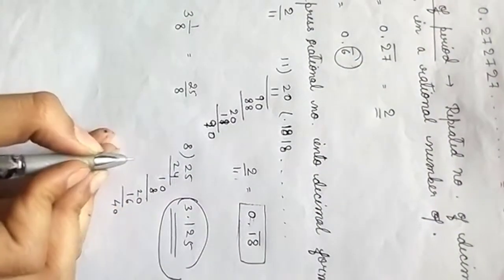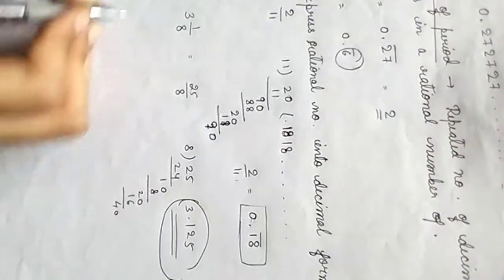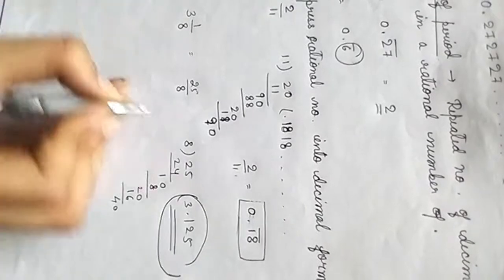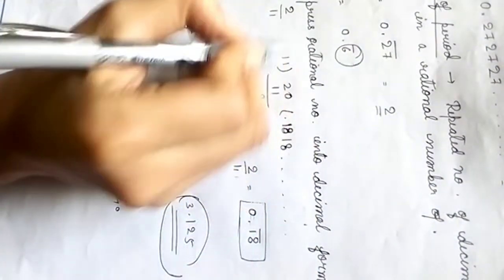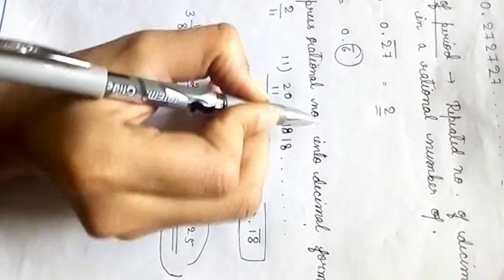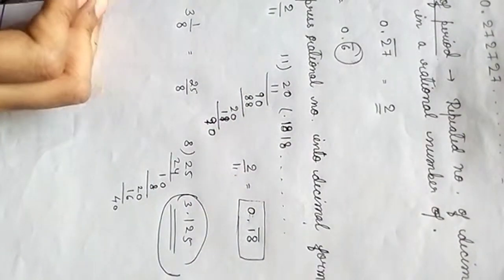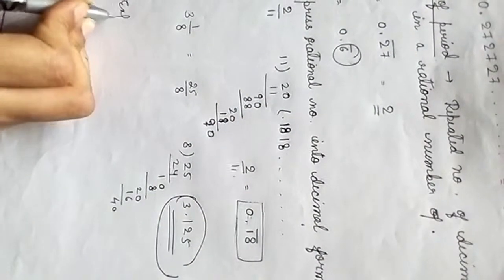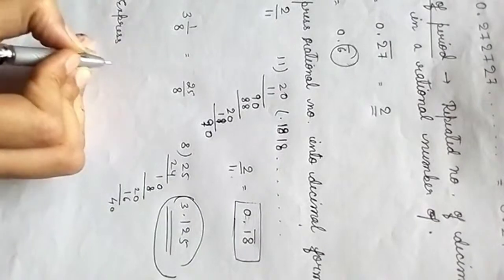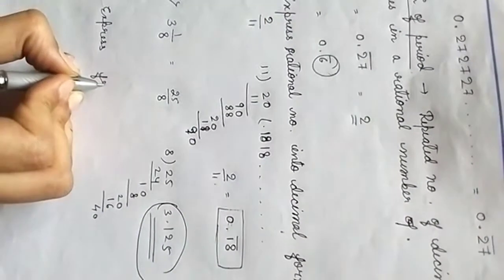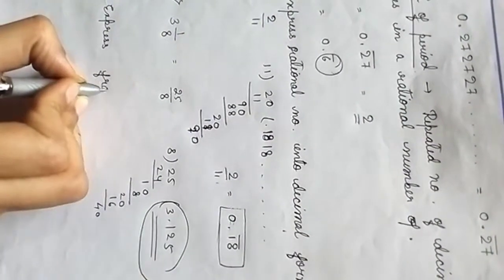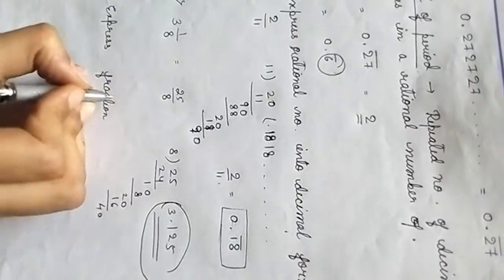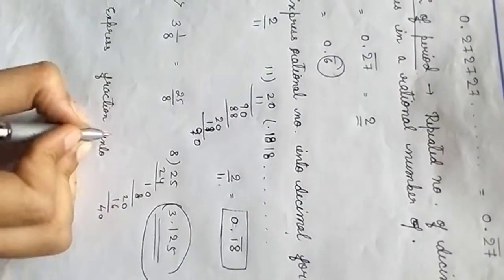Now the second category of questions which come is to express decimal form into its rational form. Okay, so what's the question? Express the following fraction into its simplest form.